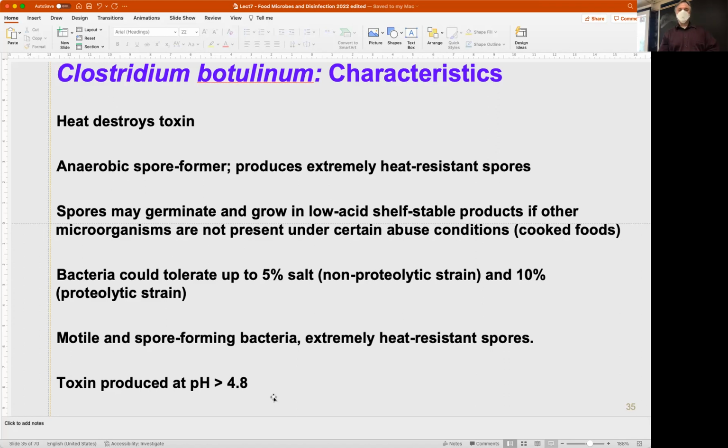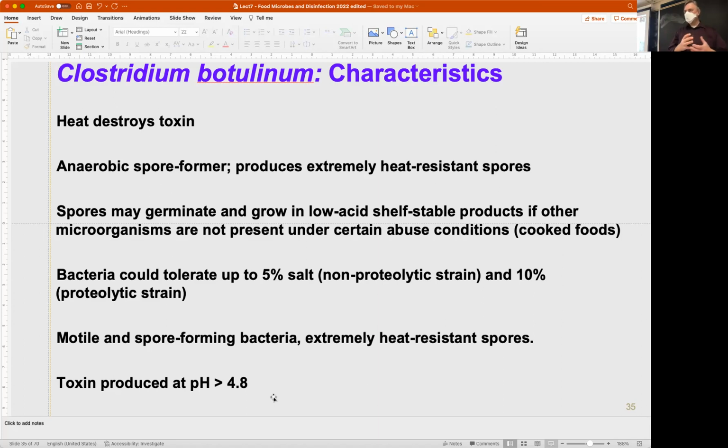They're anaerobic, they form spores, and it's the spores that are the concern, because the spores survive treatment. If you have a food that's on the shelf and it doesn't have a lot of acid in it, and it's stable on the shelf, the bacteria can survive there.